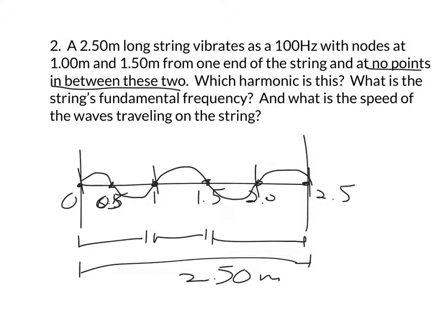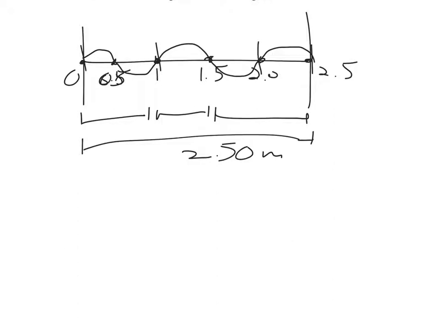Sweet. So the first question, which harmonic is this? I do it like so. If I had the fundamental harmonic, I should have two nodes. If I go to the second harmonic, I should have three nodes. So every time I go up a harmonic, I'm going up a node.